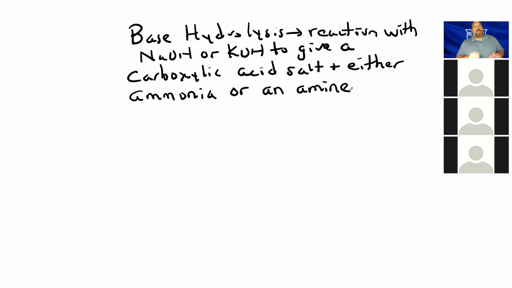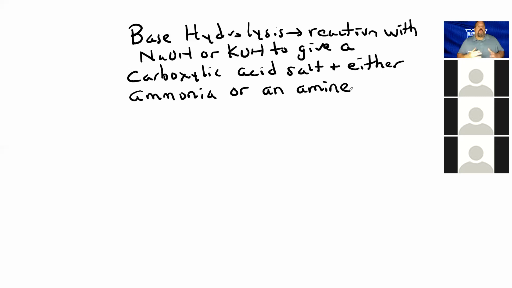Now, when we talked about esters and their base hydrolysis, we talked about the fact that initially the reaction generates a carboxylic acid, where we talked about how the OH group of the base takes the place of the alcohol part of the ester. But then we talked about the fact that the carboxylic acid that initially forms was not one of the final products.